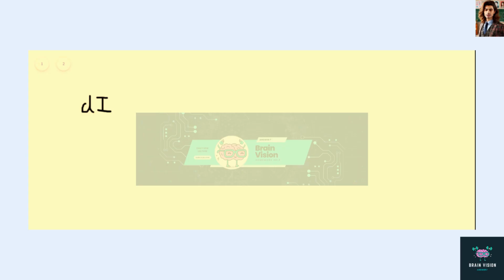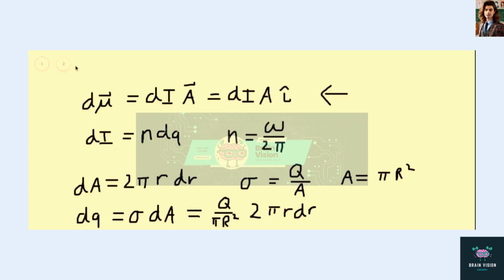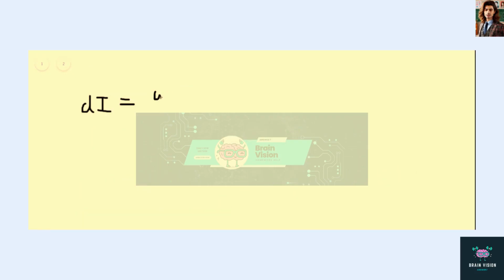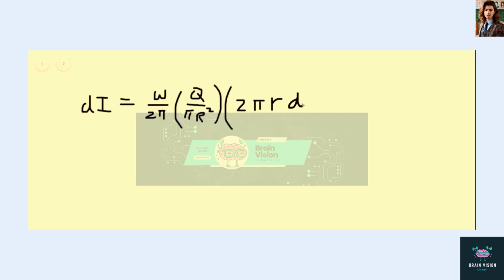Now if we replace N with ω over 2π, because remember, if we go back, di was N dq, so N was ω over 2π. And then what was dq? We just found dq, and that was equal to Q over πR², big R, not little r, multiplied by 2π little r times dr. Okay, we can simplify this a little bit to make it simpler.